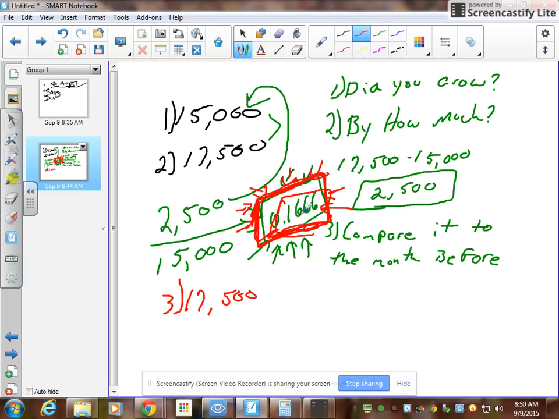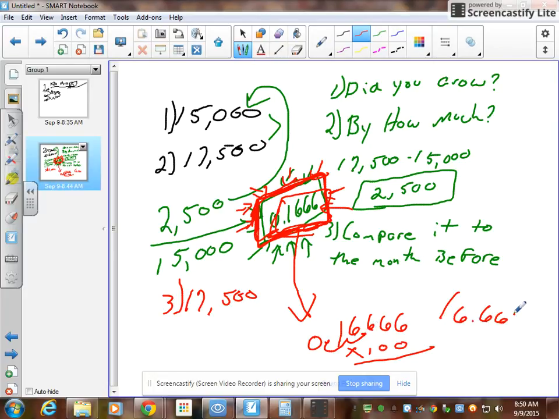So now, in order to say a growth rate and a percentage, we need to take this and multiply it by 100, right? So you just take the decimal point, move it to the right, and you have 16.66%.